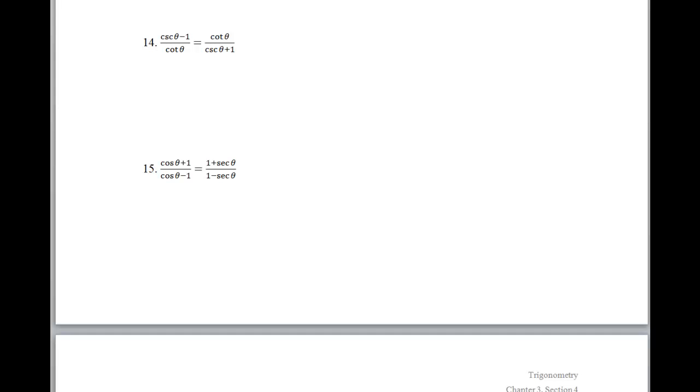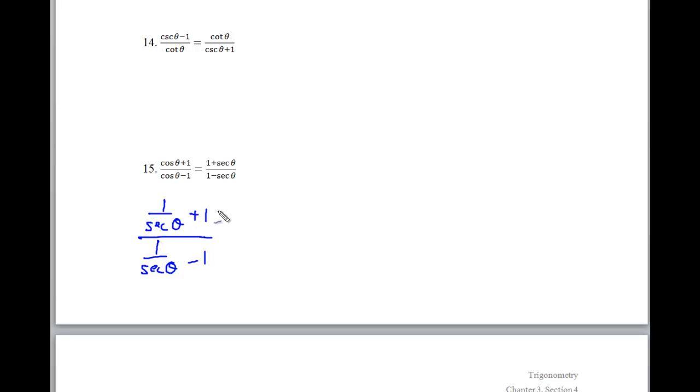And you can see that, well, how are we going to do this? It looks like we have secant over here and cosine over here. Well, like we did back in problem number 13, we're going to be doing some similar work here. We're going to turn this into 1 over secant theta plus 1, and this is going to be 1 over secant theta minus 1. You're going to see that this matches number 13 quite a lot.